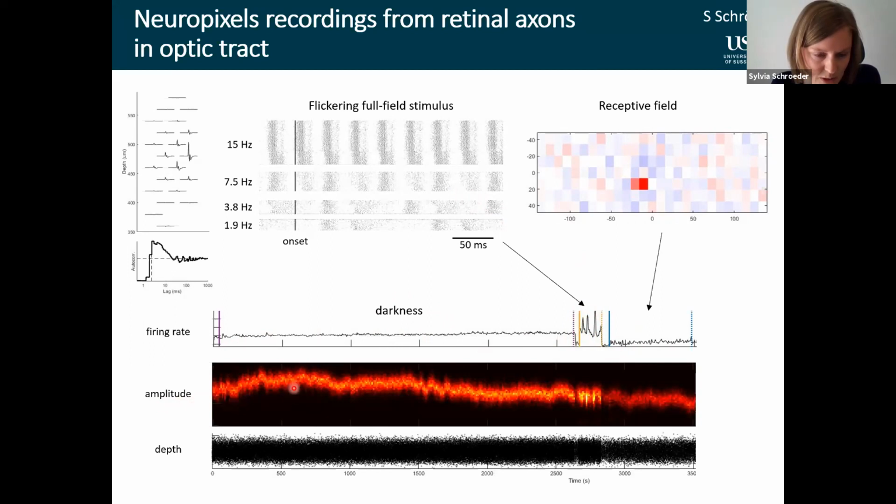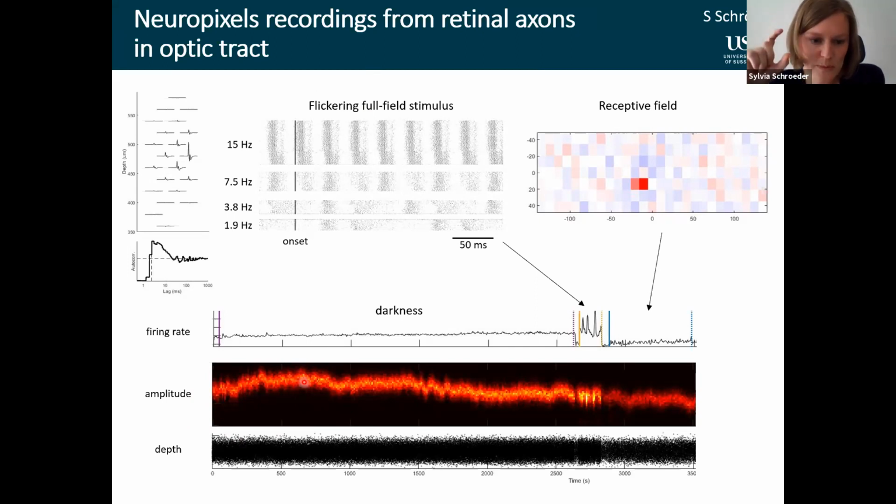Here you can see a plot for the same data of the spike amplitude of this unit. The y-axis is amplitude and the x-axis is again time. And in color, you see how many spikes. Basically, it's a 3D histogram. And you can see, hopefully, that over time, the spike amplitude is actually changing.